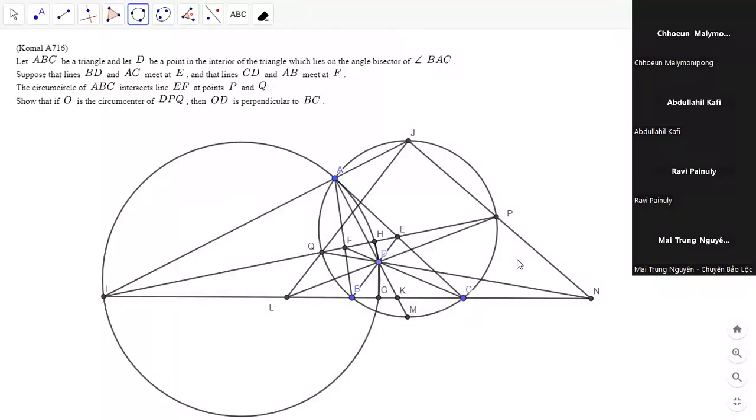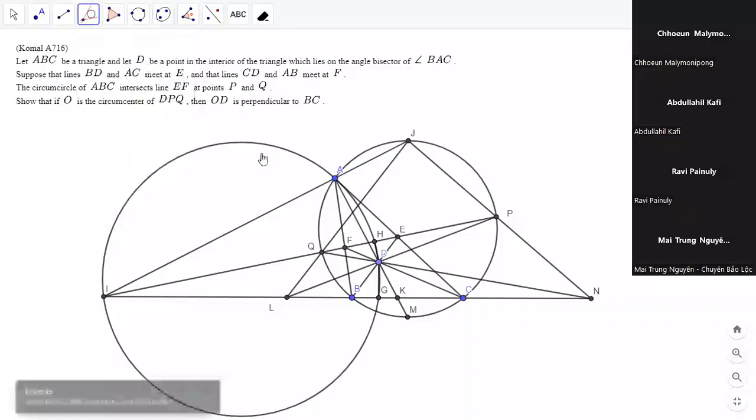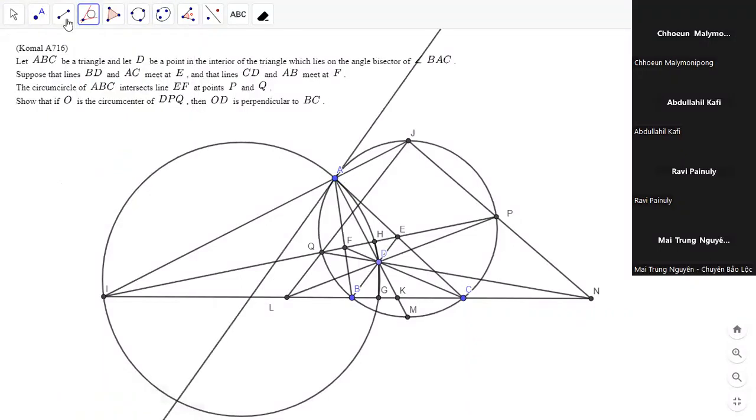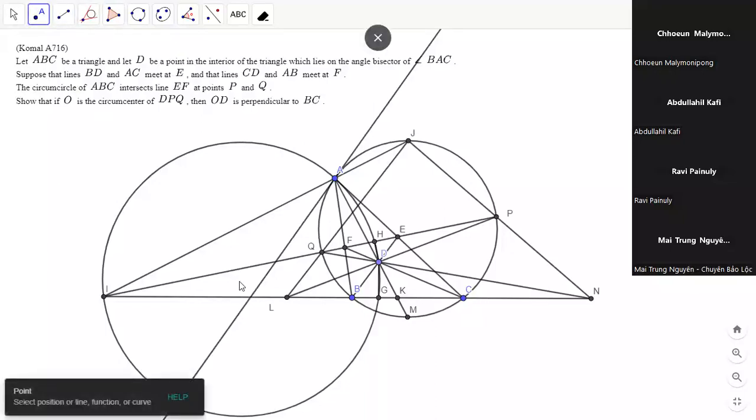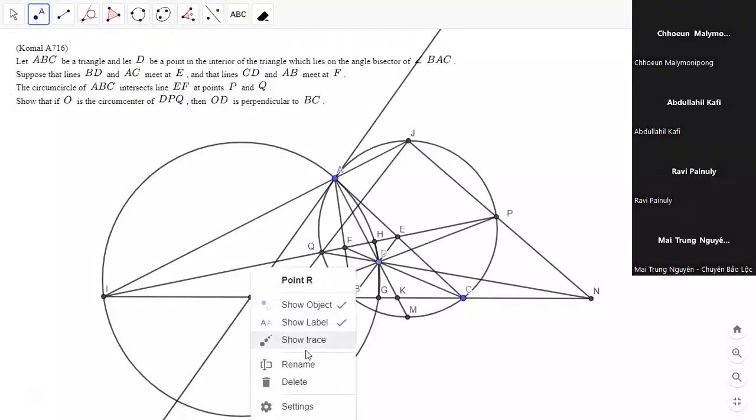Can you draw the tangent at A of ABC? Okay. Yeah, and let CD cut the circle ABC at X. So this point, did you say X? No, I mean CD. Oh, CD.